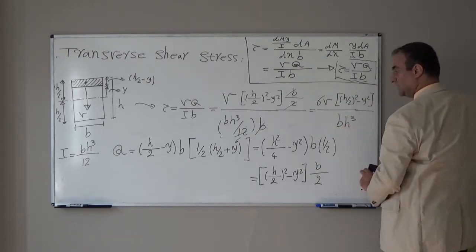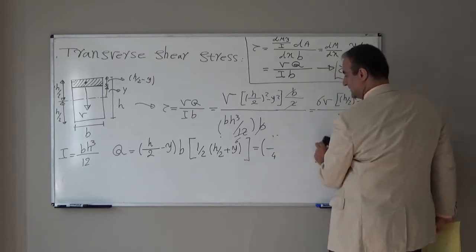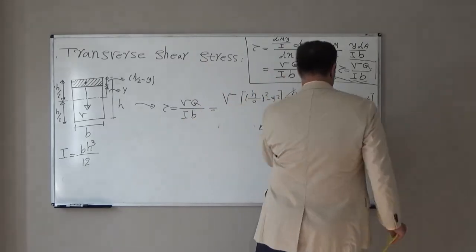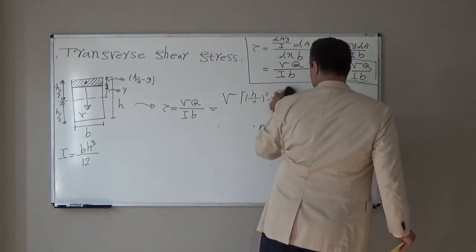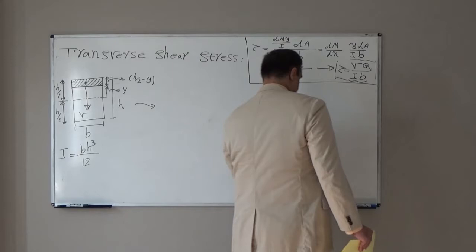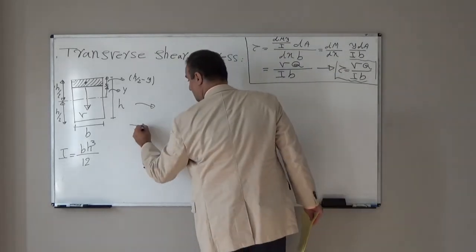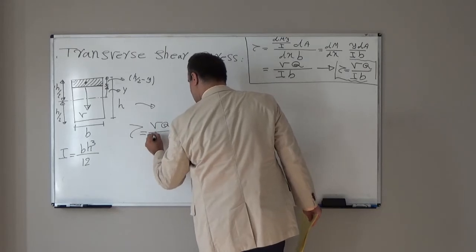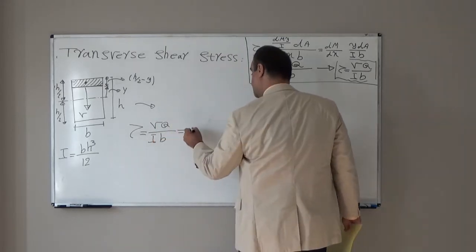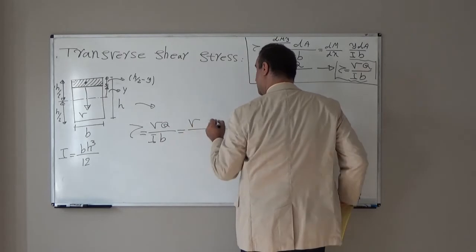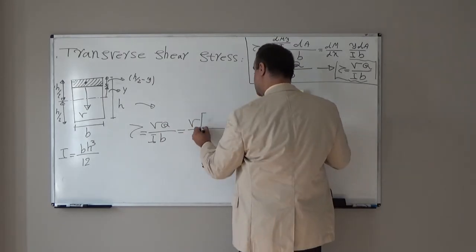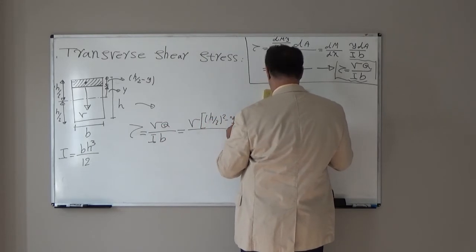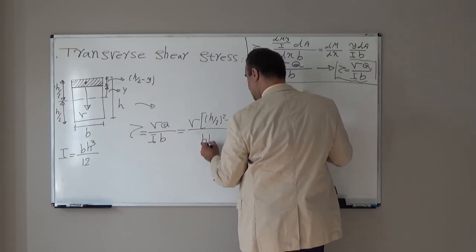So tau is equal to VQ over IB, and for a rectangular cross section we can simplify to V times H over 2 squared minus y squared over B H cubed.